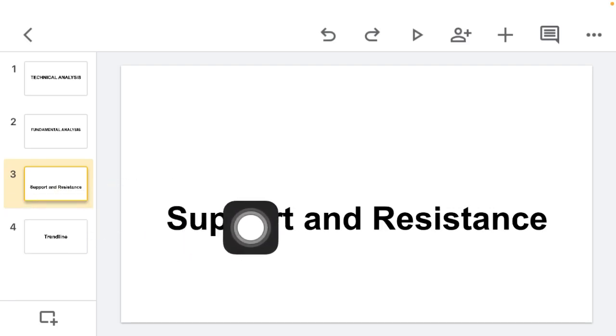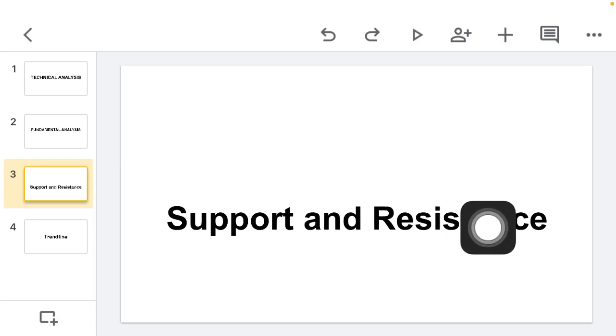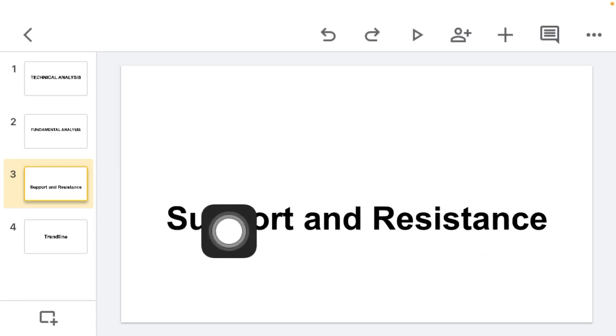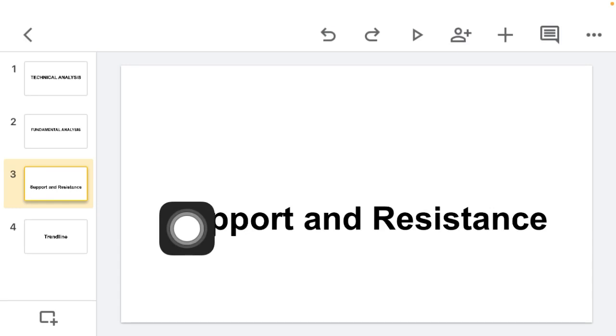So this is what support simply is. Let me use this explanation so that you understand better, because I love teaching with practical examples for easy understanding. Just see support as the ground that you're standing on inside your room.